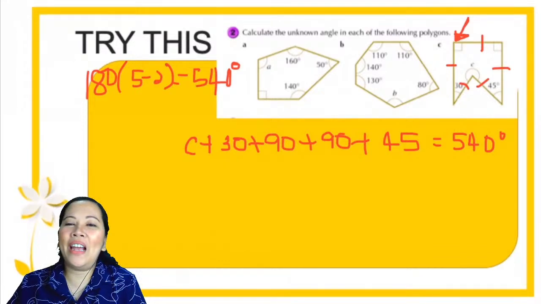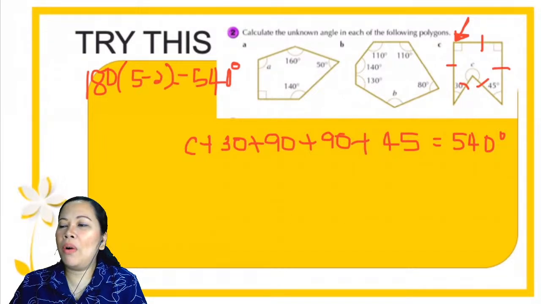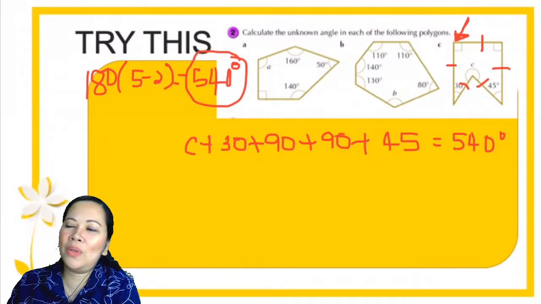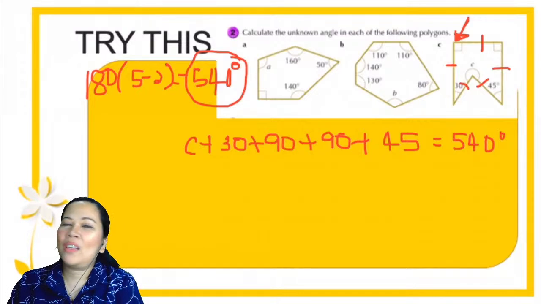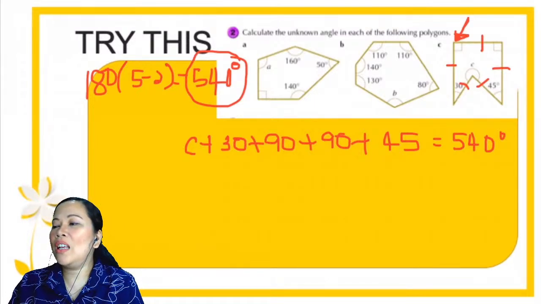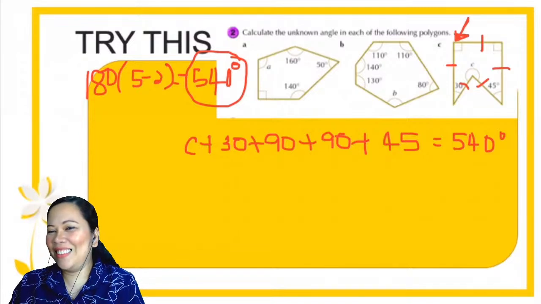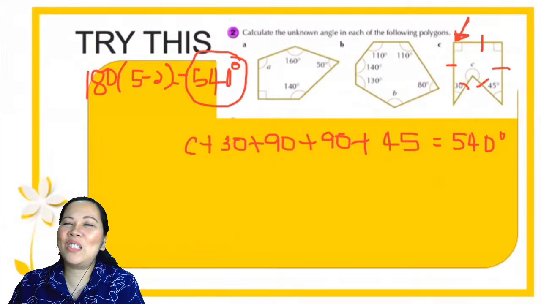Okay, so we add everything. We use the sum of all interiors of a 5-sided polygon, which is 540. So just add everything. C plus 30 plus 90 plus 90 plus 45. 30 plus 90 is 120, plus 90 plus 45, 255.